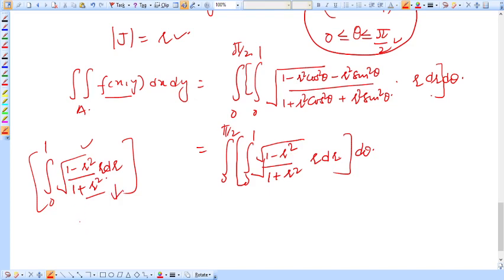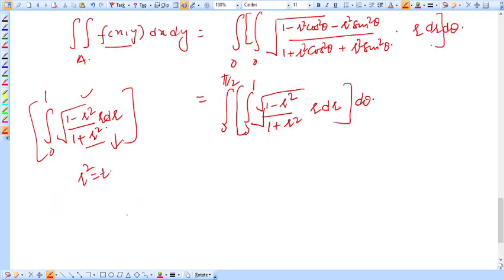So here you just do one thing: put r square is equal to t first. After putting this t, we get 2r dr is equal to dt. And how will the limits change?